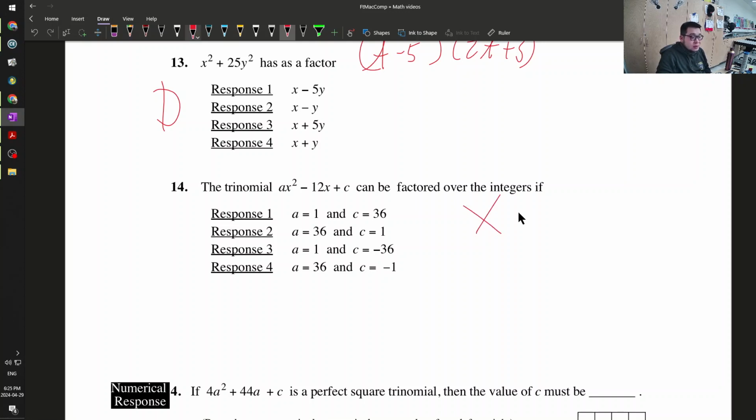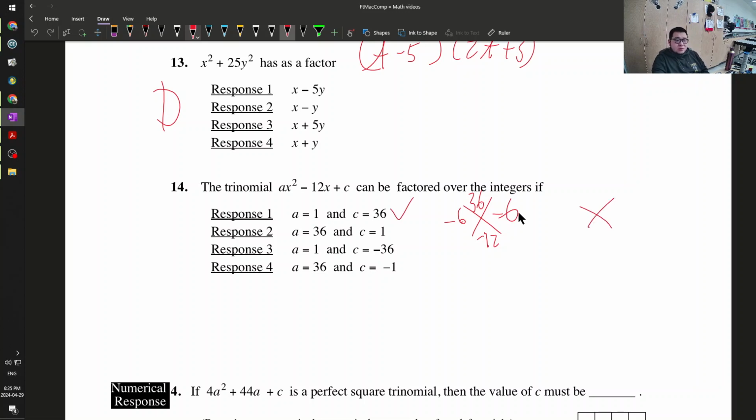So A times C is 36, B is equal to negative 12. What times what is 36 and adds to negative 12? 6 and negative 6. So this one works.